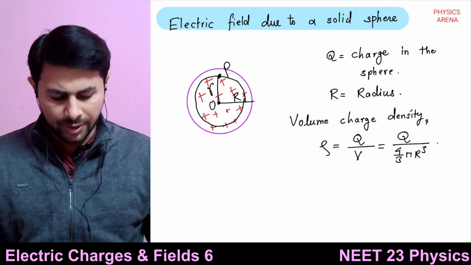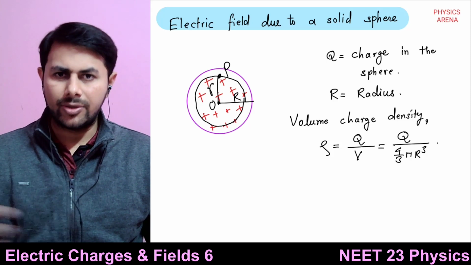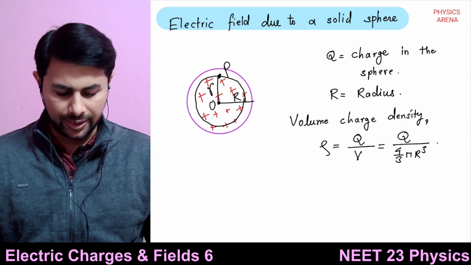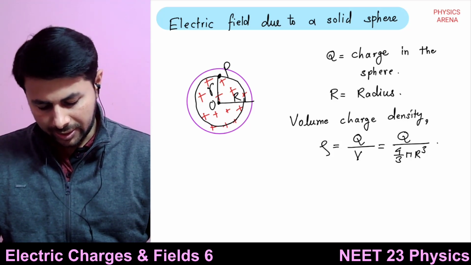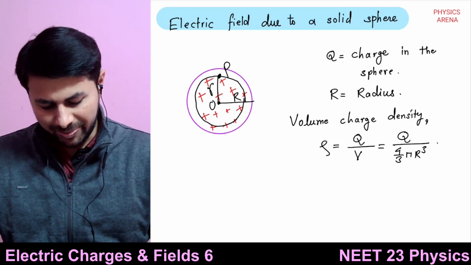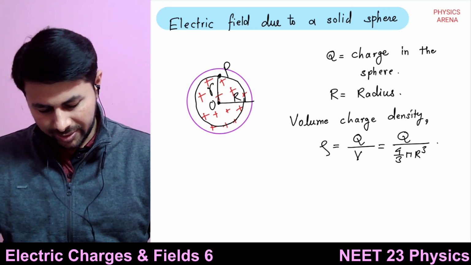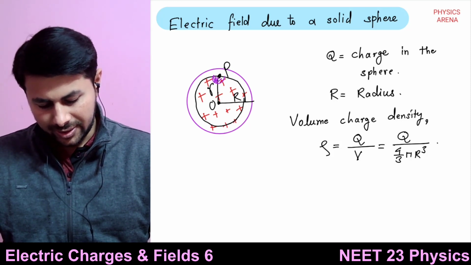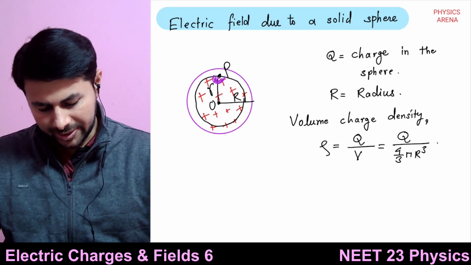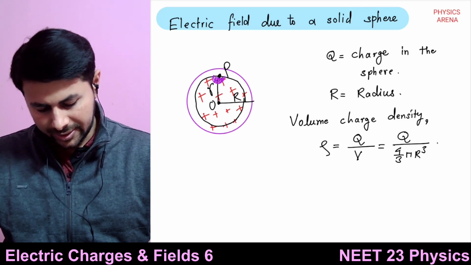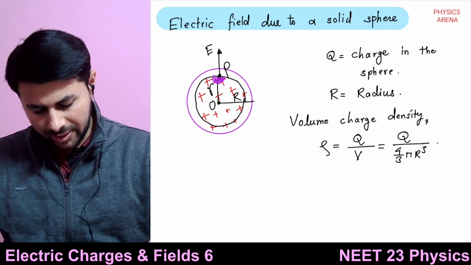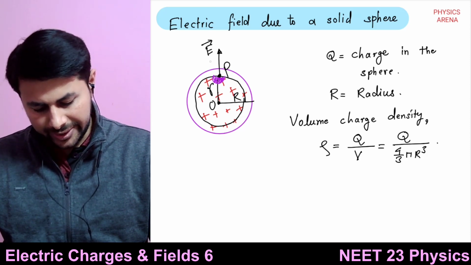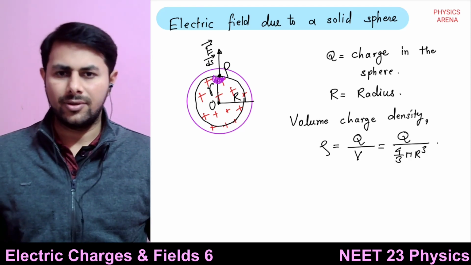I will zoom this diagram. So now once again we can say the electric field will be radially outwards, right? If we consider a small surface area around the point P, then the electric field and that surface area dS will be directed in the same direction. This is the direction of E bar, and this is the direction of dS bar also, right?